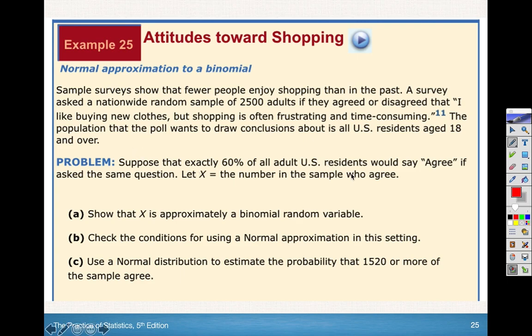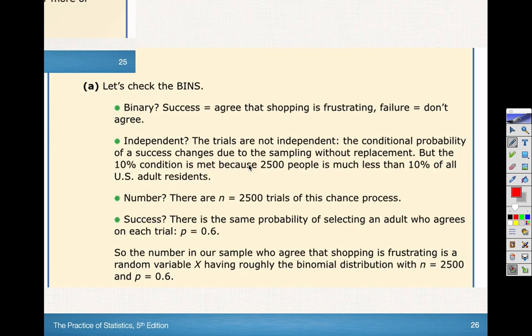N, fixed sample size. Yeah, fixed sample size, 2,500, right there. And then fixed probability, yes, 60%. So here is our BINS written out. Success is agree, failure is don't agree. Independent, this is what I was just talking about. The trials are not independent, but the 10% condition is met, meaning there are at least 10 times more than 2,500 U.S. residents 18 and over, meaning at least 10 times the sample size.